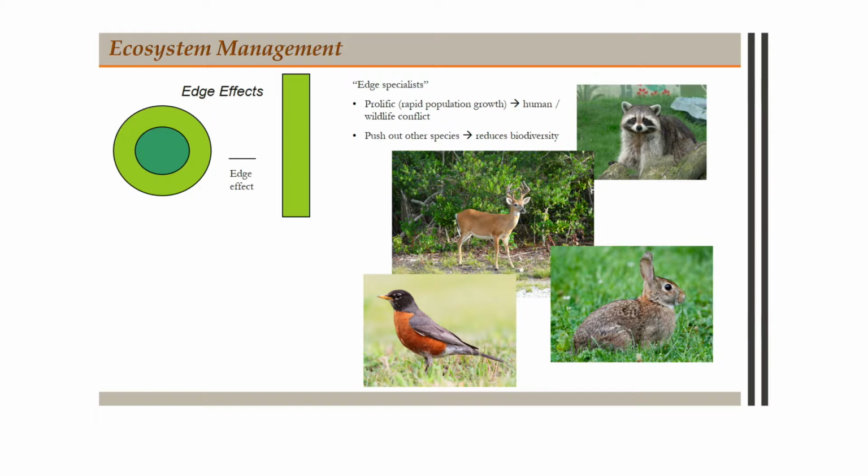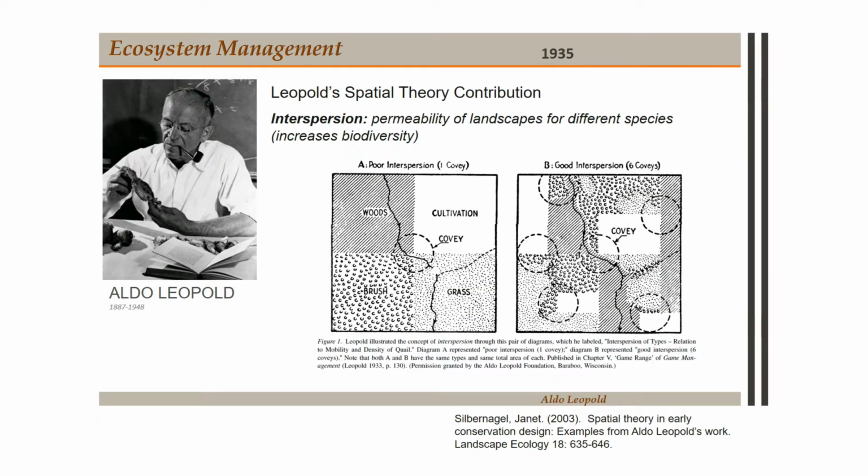Raccoons and deer and robins and rabbits are all well and good, but these are specialists. It means that they work really well in these degraded landscapes, and their population grows rapidly, often producing human-wildlife conflict. They also push out other species, and they reduce overall biodiversity because they're prolific breeders, and they can use many different types of landscape to their benefit.